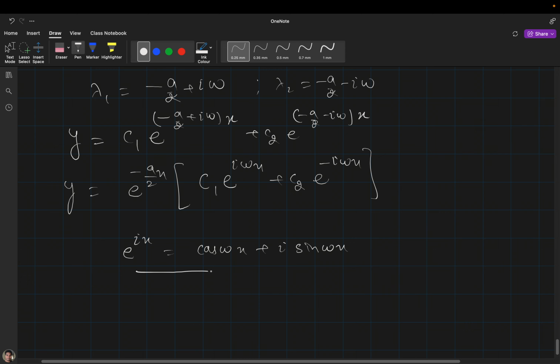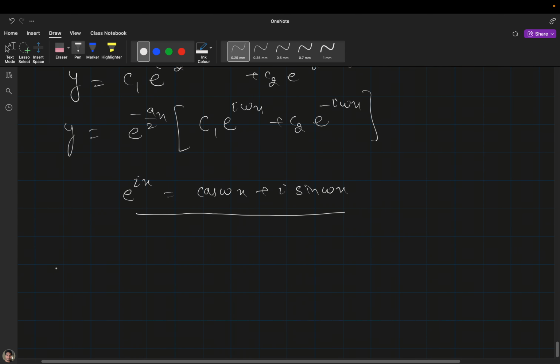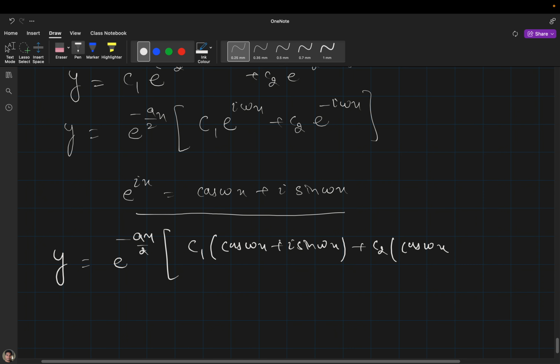Okay, I will use this identity and substitute here, so you will get e raised to the power minus ax by 2 times C1 (cos omega x plus i sin omega x). Similarly, here I will write cos omega x, since you can see that it is a minus times, but I know that cos of minus x equals cos x, but sin of minus x will be minus sin x, so it will be minus i times sin omega x.